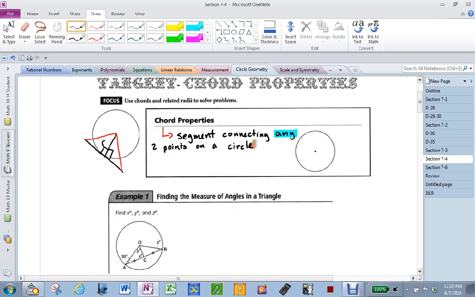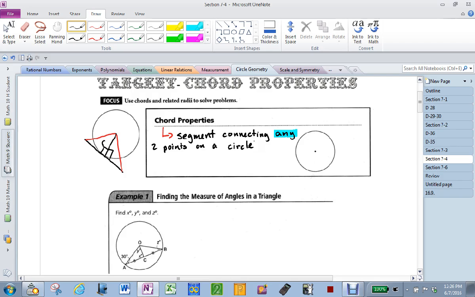Now, guys, is the diameter a chord? Yes. Is every chord a diameter? No. What is the biggest chord you can have in a circle? A diameter. Everybody cool? All right, so that's what we got.